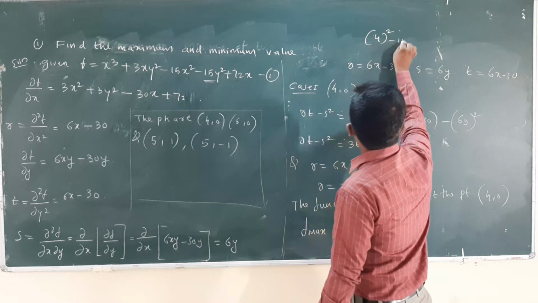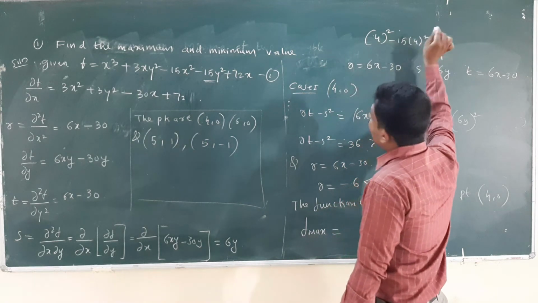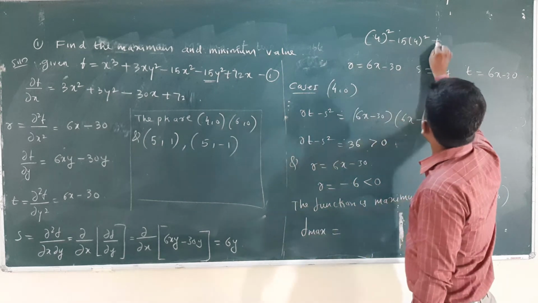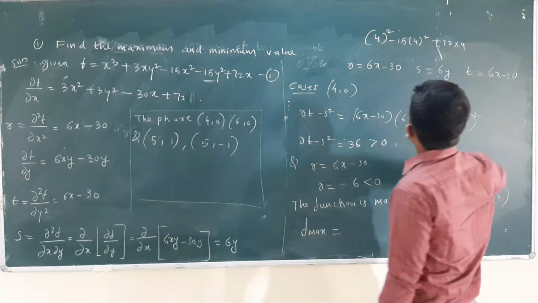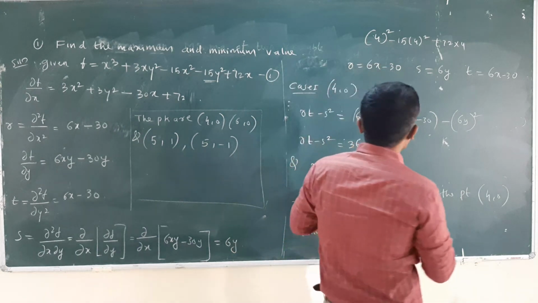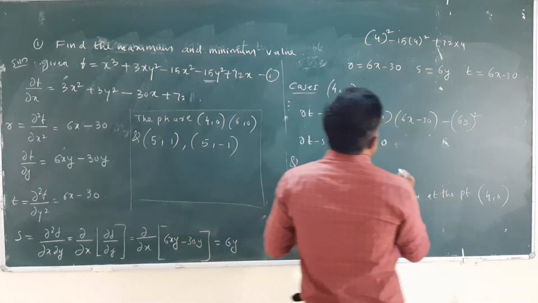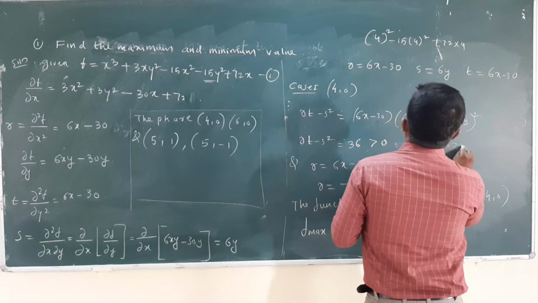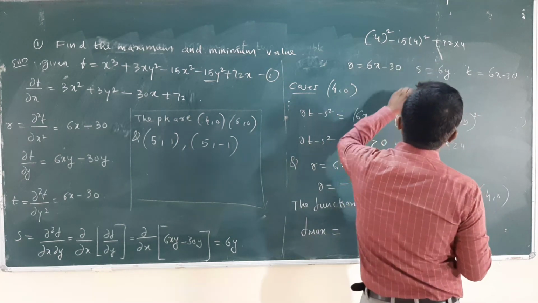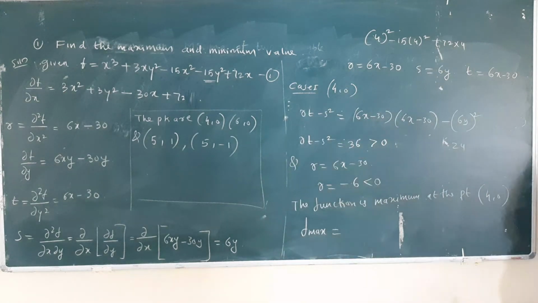Minus 15 into 4 square. So this also becomes 0. Plus 72 into 4. If I simplify this one, this is 64, 16 into 15 and 72 into 4.